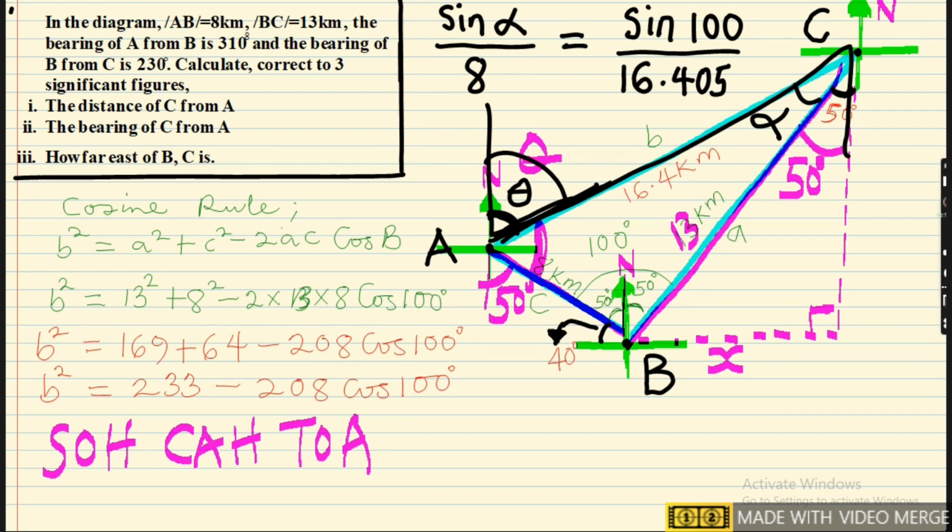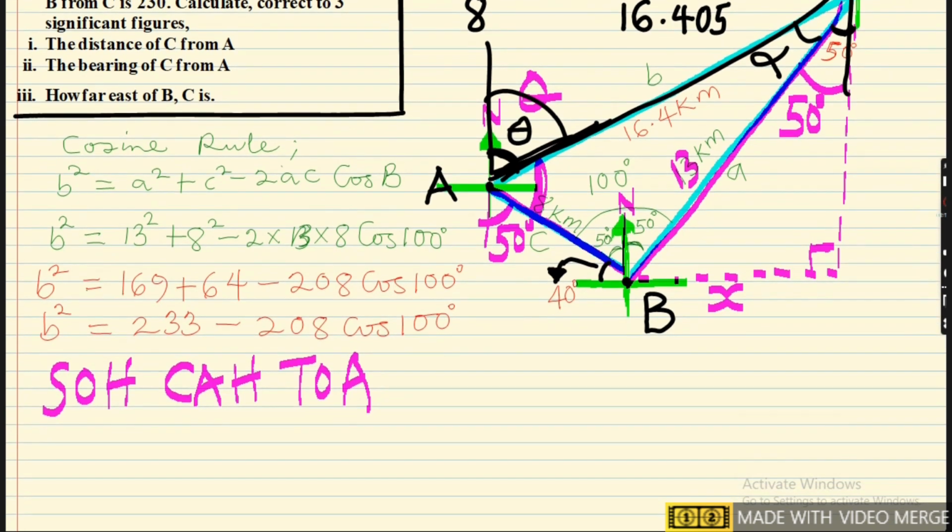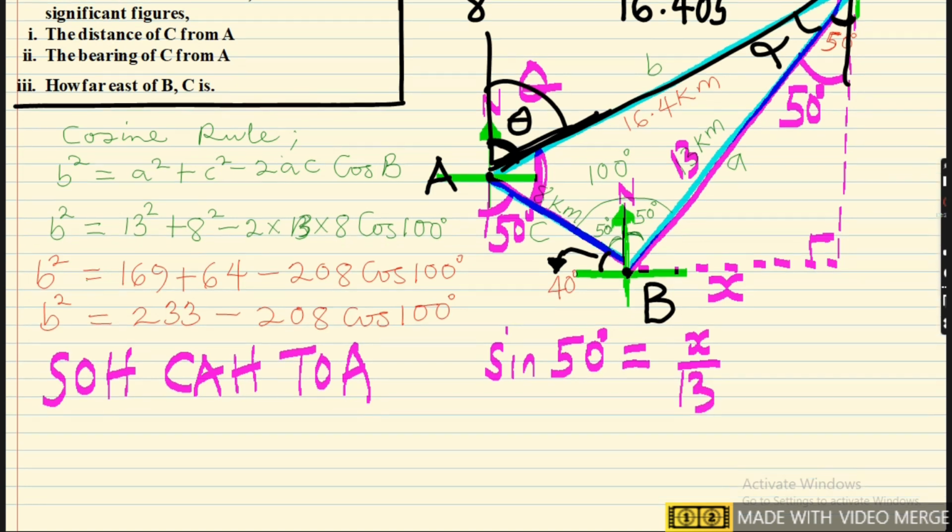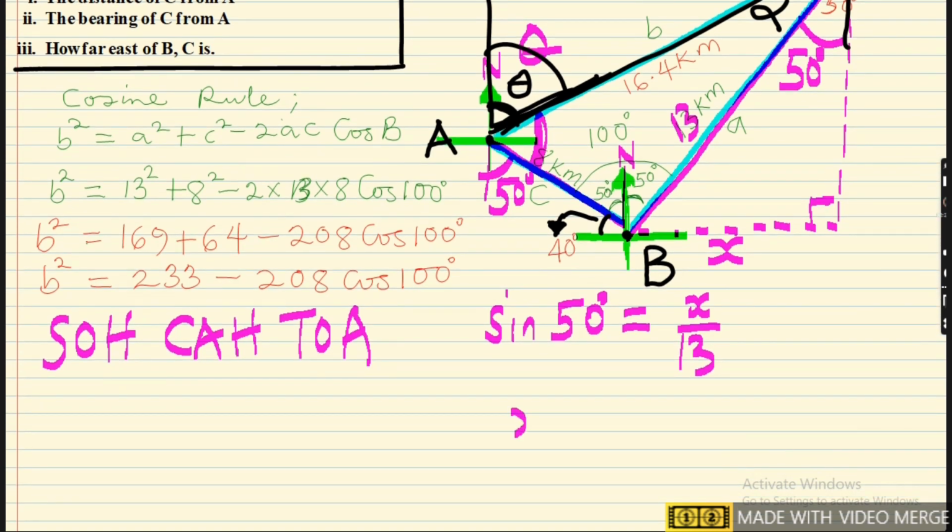So using the appropriate one, you see the opposite x and the hypotenuse 13, so that is sine. We can say sine 50 degrees equals x over 13. Working with that, you cross multiply and have x equal to 13 sine 50 degrees.